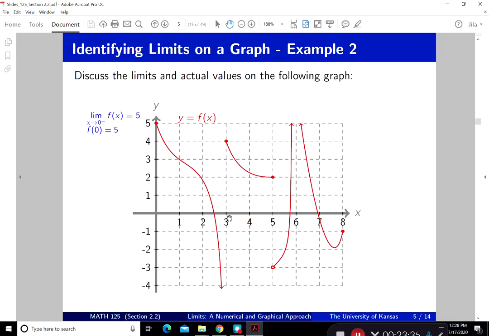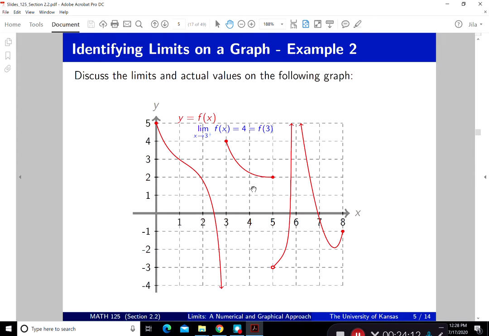Now how about x equal to 3, which is another breakage? As x approaches 3 from the left side, the limit of f of x goes toward negative infinity. As it approaches from the right side, the limit of f of x approaches 4. The y value for f of x as x approaches 3 from the right side is equal to 4, and that's actually equal to the value of f of 3.